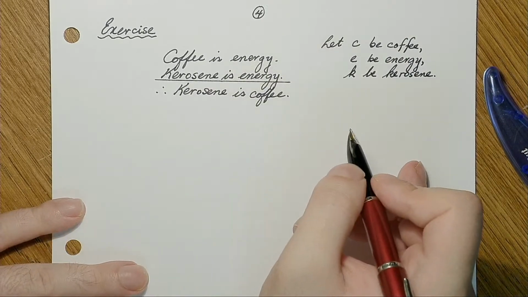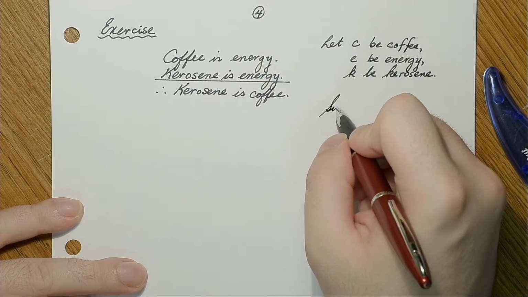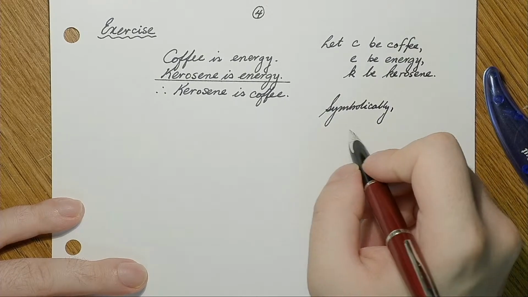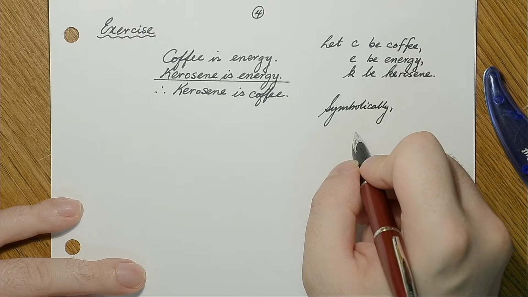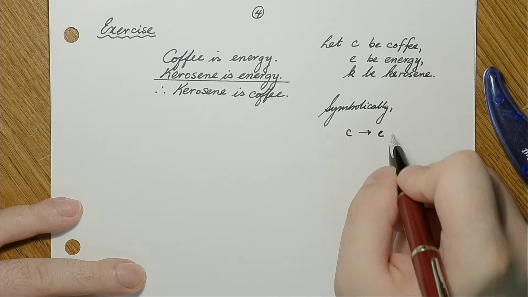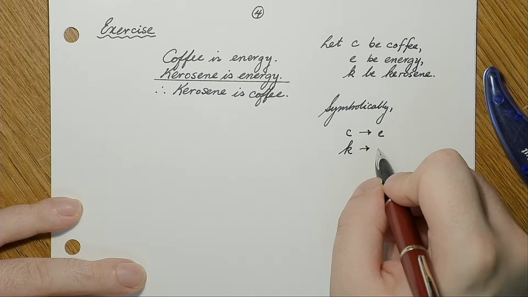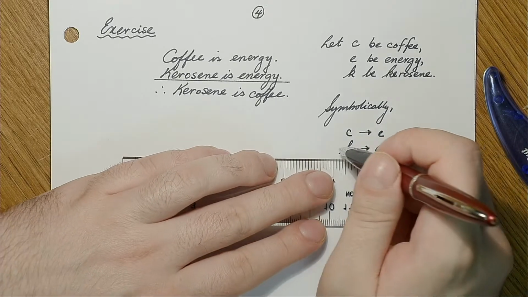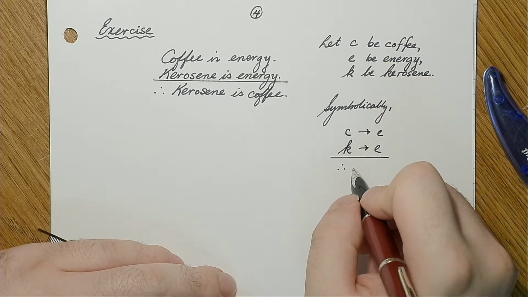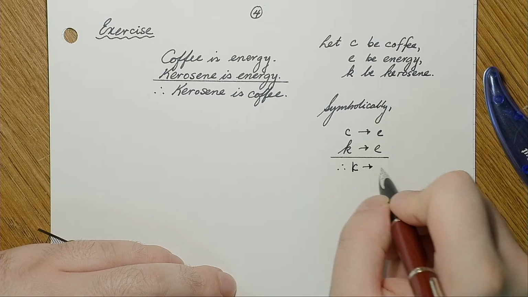What we'll do is convert this to symbolic form. So symbolically, the first premise would be coffee implies energy, kerosene implies energy, therefore kerosene is coffee.